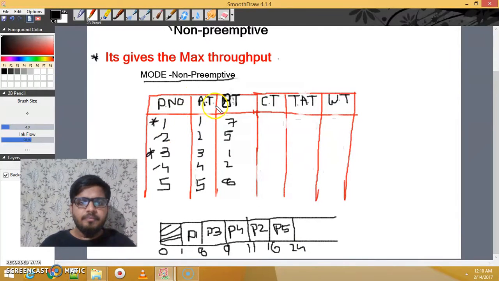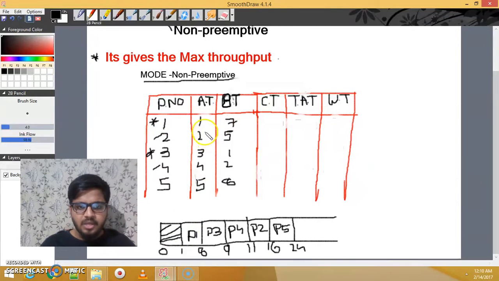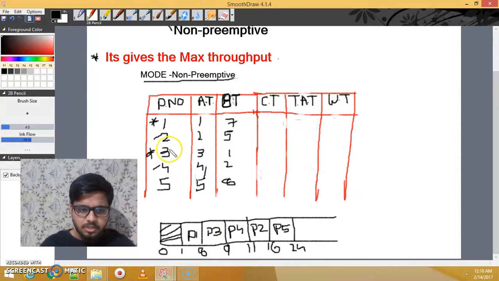So we have constructed the Gantt chart. First of all, from 0 to 1, no job is executed and the CPU is idle. At 1, process P1 has arrived, so we don't have any other choice. We have to take only process P1, and I executed it for 7 units of time, that is 1 plus 7, which is 8. At 8, process P2, P3, P4, and P5 have all arrived.